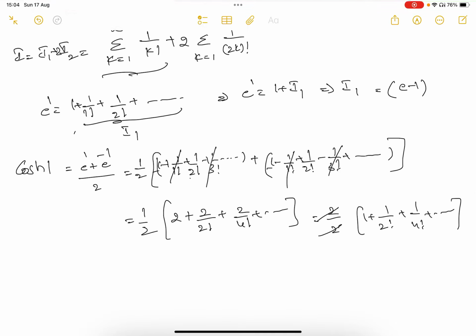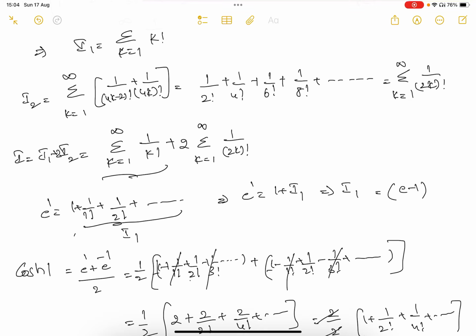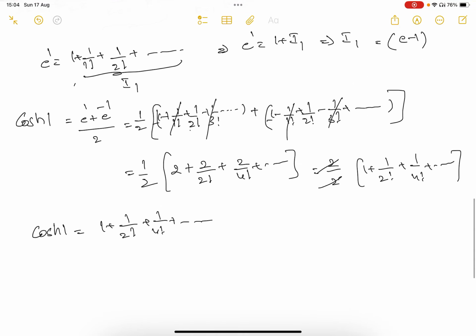Our case is cosh 1 equal to 1 plus 1 by 2 factorial plus 1 by 4 factorial plus and so on. So our case starts from 1 by 2 factorial, right? That is cosh 1 equal to 1 plus I2, that is I2 is cosh 1 minus 1.